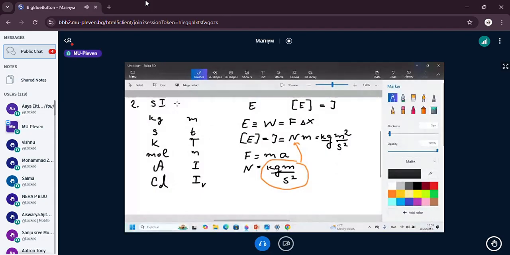SI, system international, is also known as the MKS system, coming from meter, kilogram, second, the first letters of the three words showing units of measure. Instead of SI, we may say MKS system. It is one and the same.